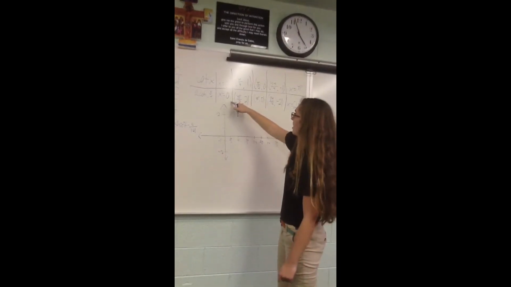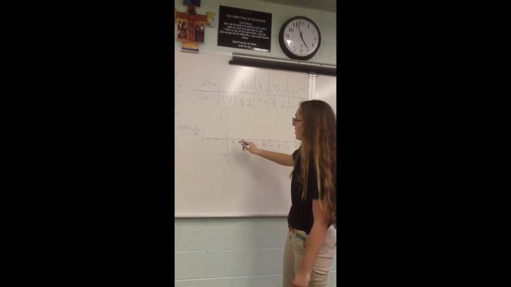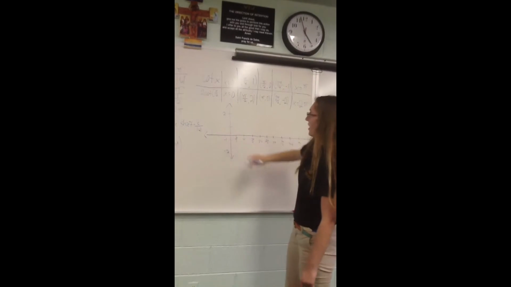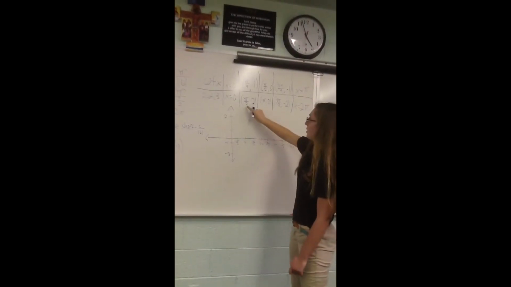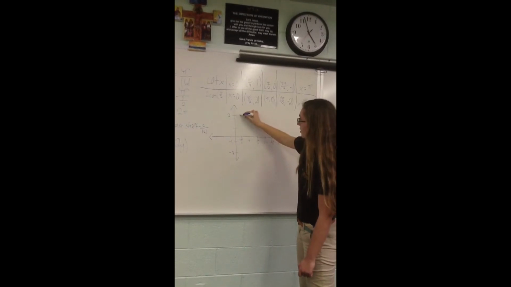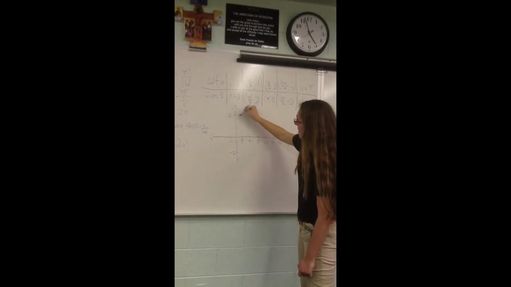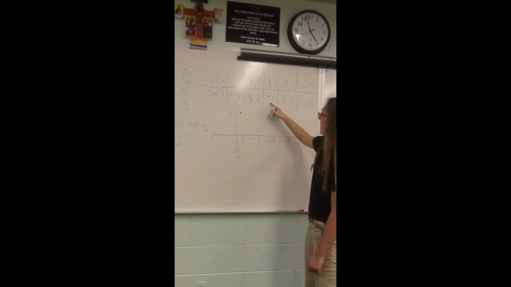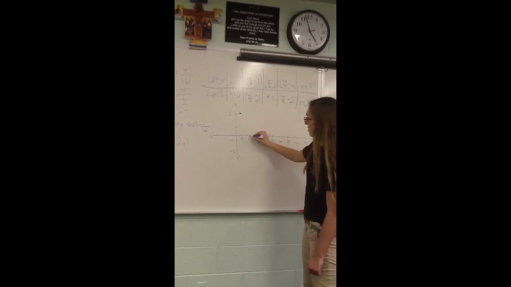The first vertical asymptote is at 0, so we already have a line there. And then our first point is pi over 2, 2, so that's right there. And then pi, 0, right here.